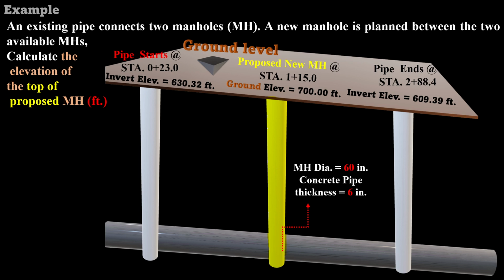The proposed manhole has a 16 inch concrete pipe diameter, and the cover or thickness of the concrete manhole is 6 inches. The invert elevation and station for the two available ones are provided. Ground elevation and station for the proposed new manhole are also provided. We want to know the top elevation of the proposed manhole.